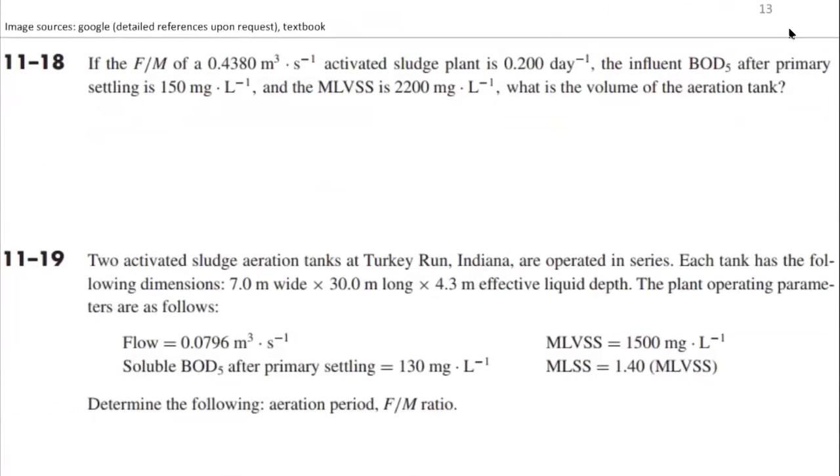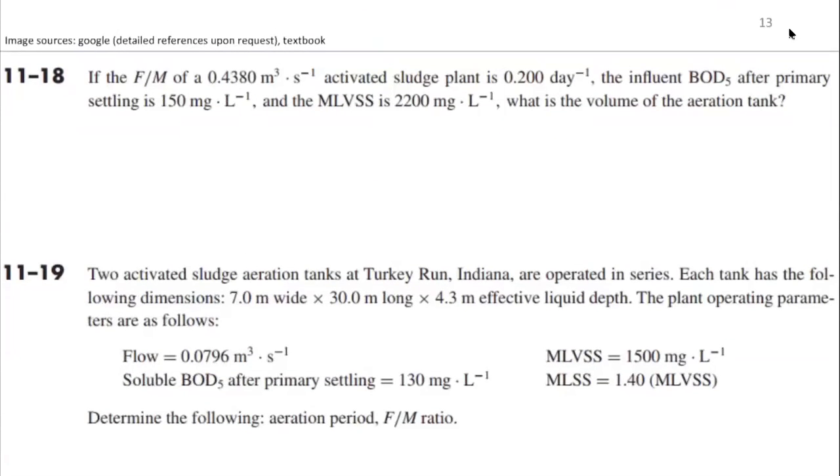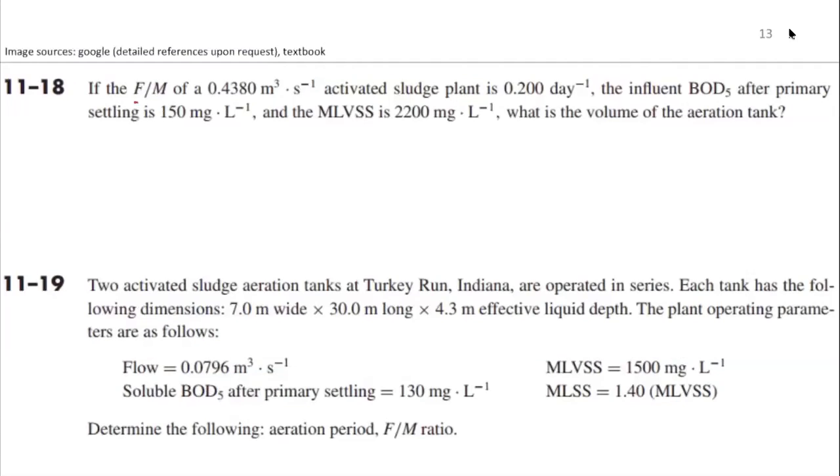So here I have two example questions. Maybe we can just quickly look at the first one. The F over M for a treatment process, which has a flow rate of Q for this activated sludge plant, is 0.2, okay? The influent BOD after primary settling is 150.